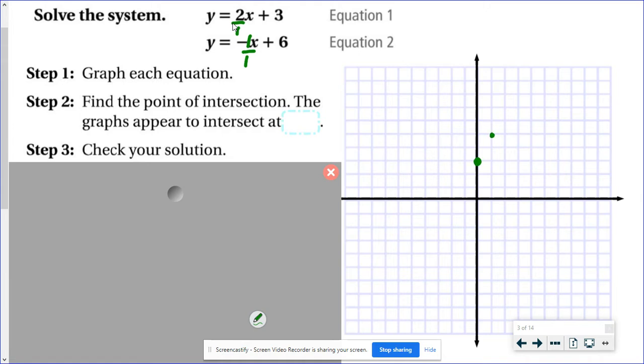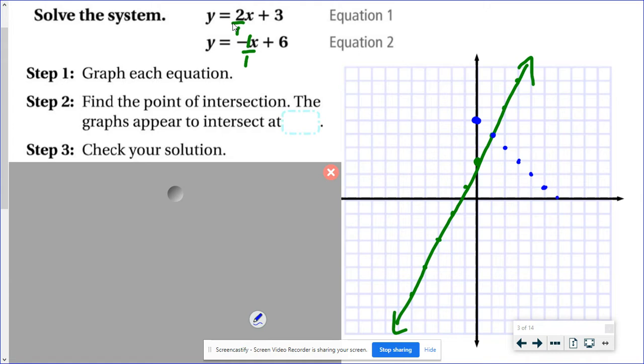Up 2 over 1, it is a positive slope, so it should be going uphill. Or I can go down 2 and left 1. So here's my line. And the second equation begins at positive 6, right there. And my slope is a negative 1, so down 1 over 1.